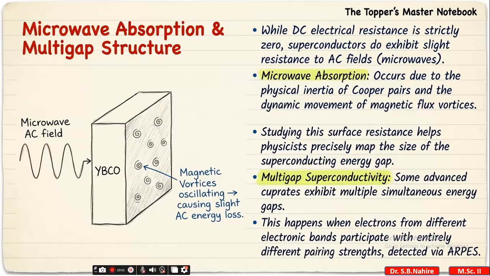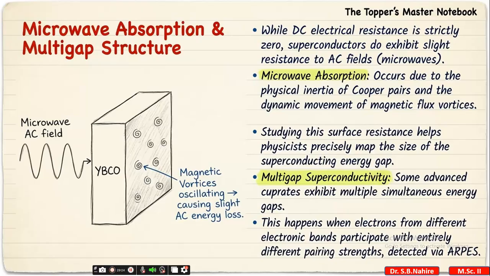This means different groups of electrons behave differently. Now, final point. Because of this phenomenon, electrons from different electronic bands participate in superconductivity with different pairing strengths. This phenomenon can be studied using advanced techniques like ARPES.